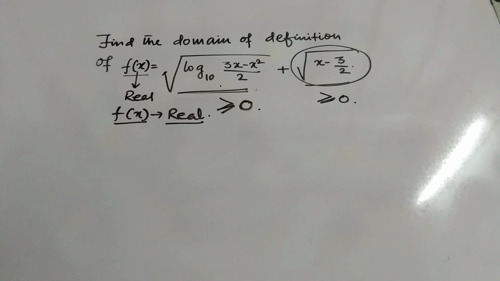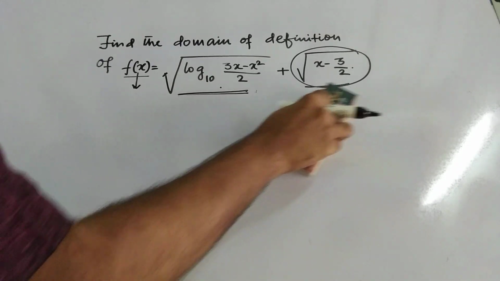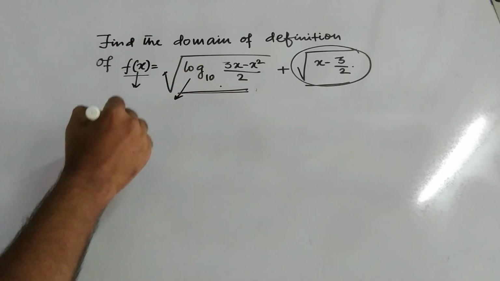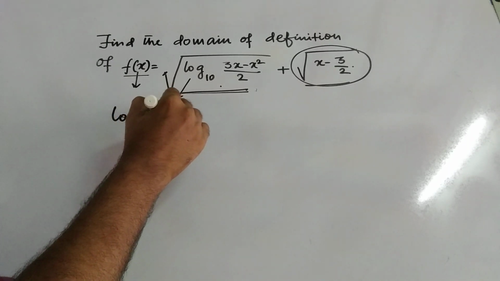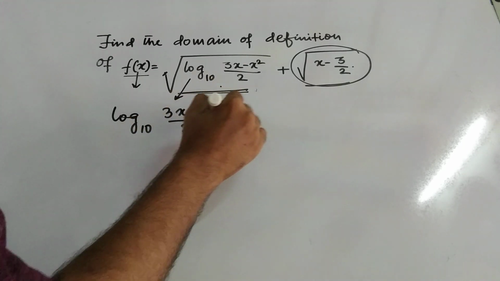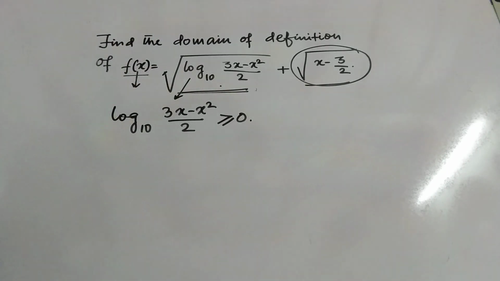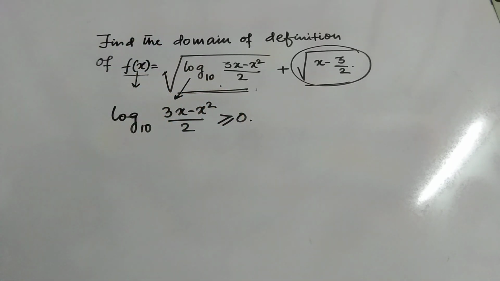Now what would be the next step so that we go forward to solve the domain of definition of this particular function? First one if I take, then I can understand that log base 10 of (3x − x²)/2 has to be greater than or equal to 0. Then only the square root of the expression will be valid, because within the square root the expression must be greater than or equal to 0.